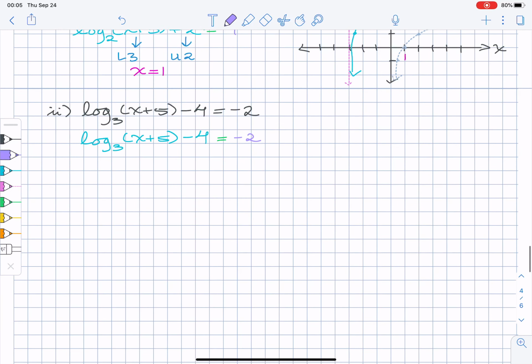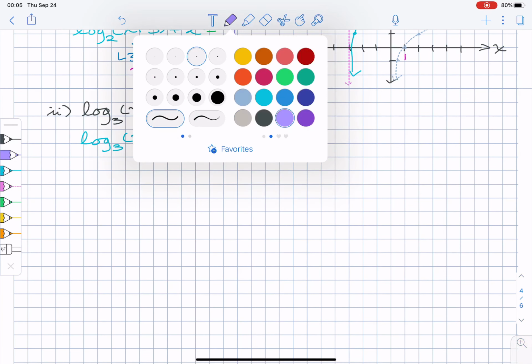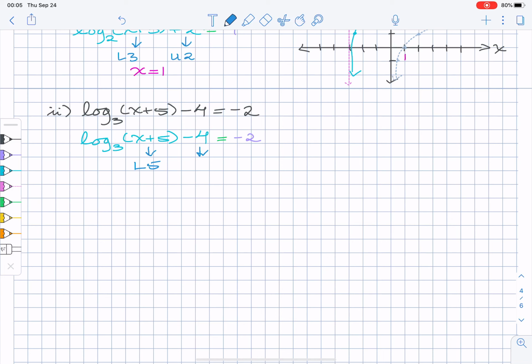So let's look at the equation on the left. This looks like it's left 5 and down 4. What is left 5 and down 4? Well, the logarithmic equation, log base 3 of x, of course.